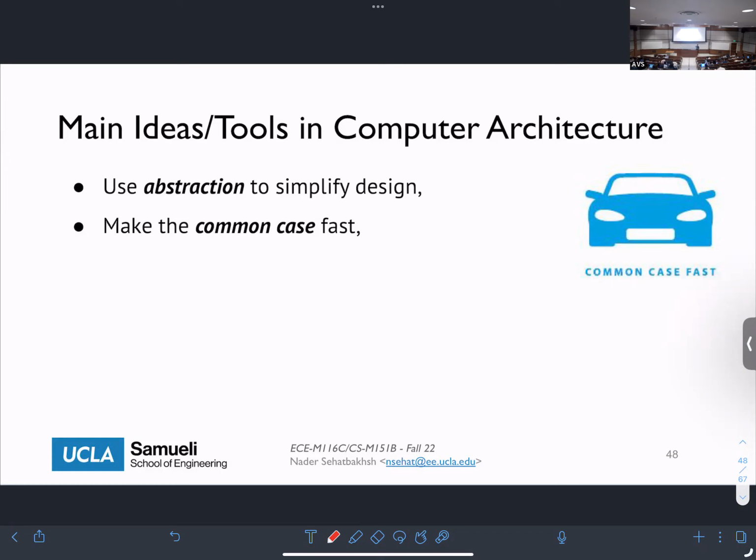And if the common case is the fastest way of doing things, then we're going to get the performance benefit, okay? And if you look in your life, you will see that the common case fast strategy is actually used in many, many different systems as well. So it's not just about computer architecture, about processors. You will see that making the common case fast is actually used in many, many different systems as well.